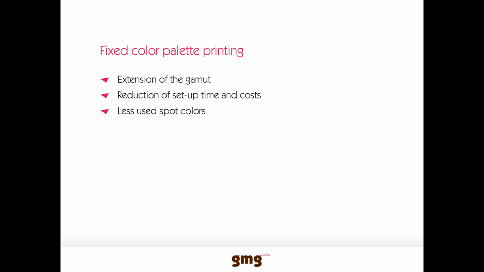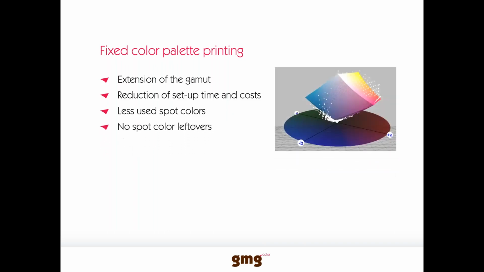You also have fewer spot colors left over. If you have different kinds of spot colors per job, you have a big stock of different spot colors, and print companies don't like to see that. So a fixed color palette printing is quite a bit better.